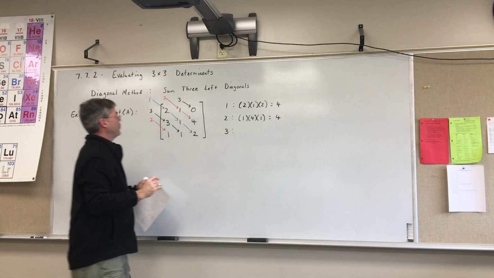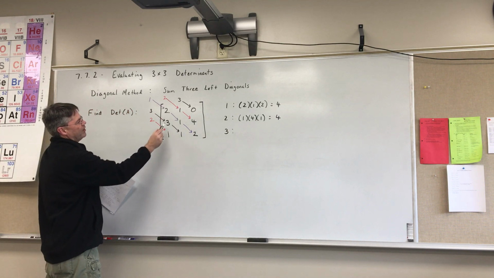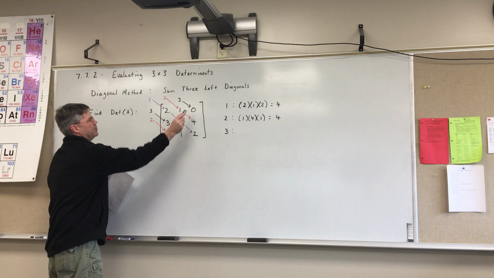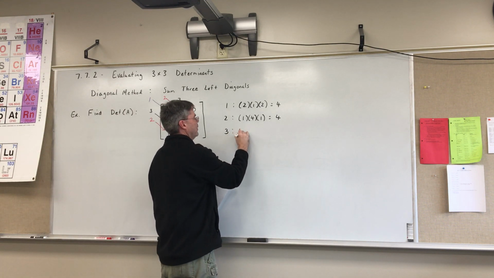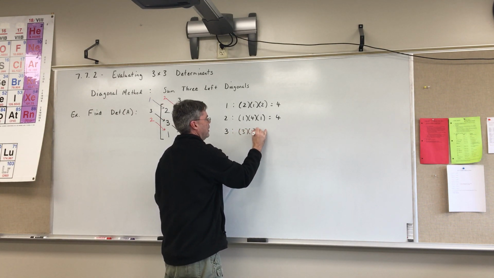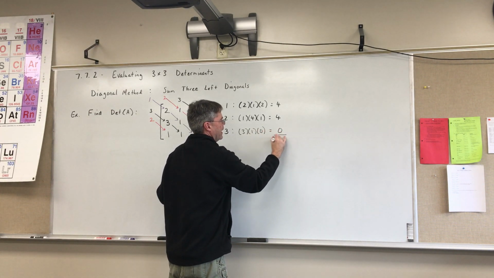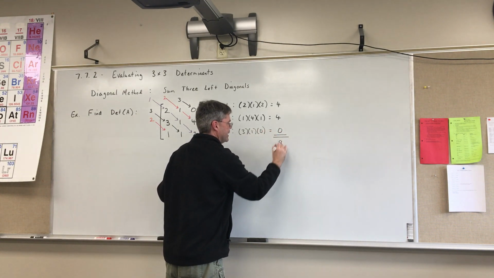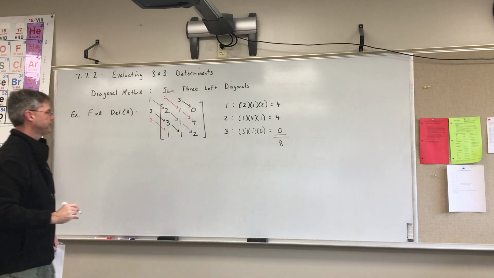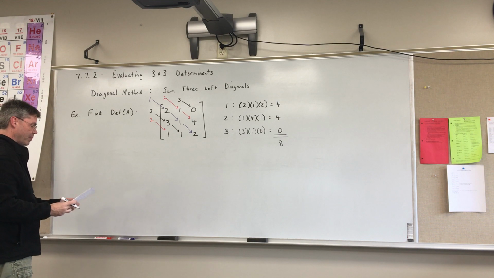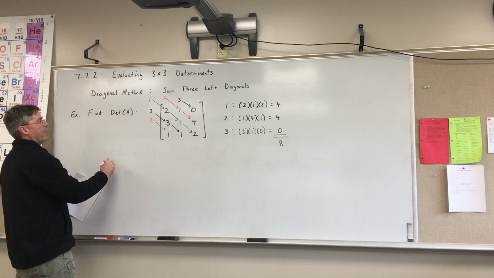And then diagonal 3, I've got 3 times 1 times 0. So that's 0. Add that up and you've got 8. All right, now we want to sum the 3 right diagonals.